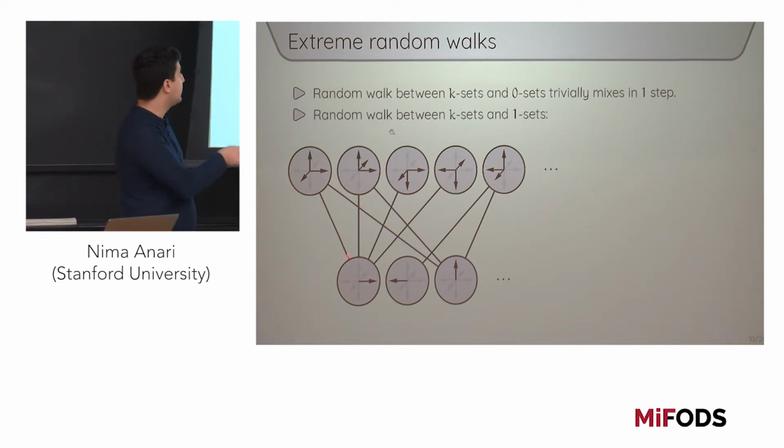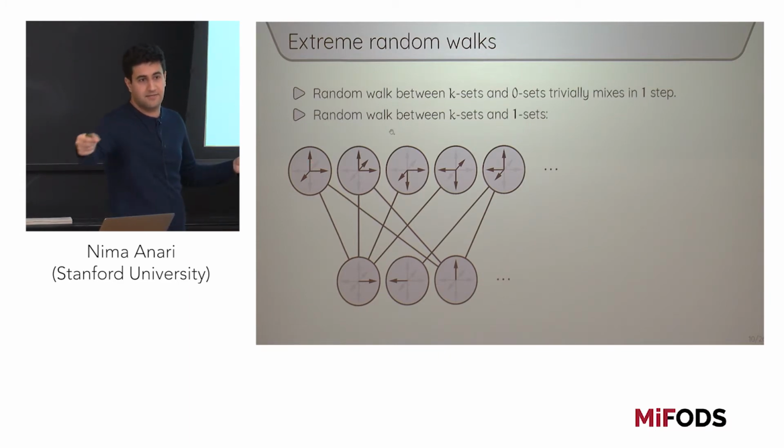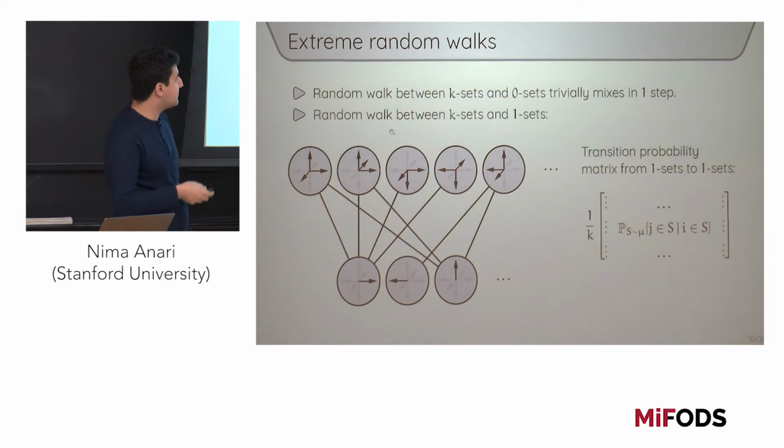So if you look at odd steps, you're on the top. If you look at the even steps, you're at the bottom. So if you just look at where you are at the even steps, that's like a random walk on just one set, right? And you can write down the transition probability of this random walk, and it's pretty easy to do.